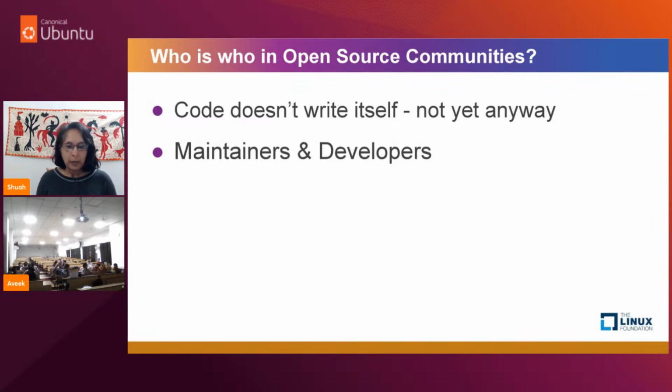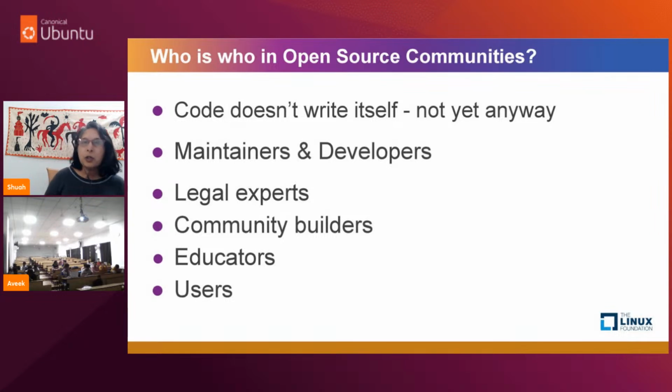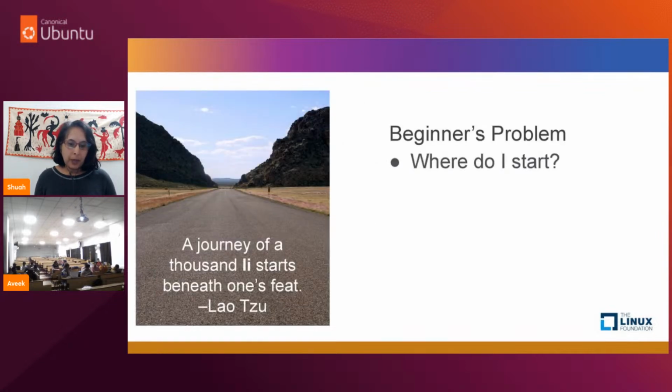There are legal experts and community builders who build out communities, making sure they stay healthy and sustainable. And educators, a lot of the mentors that come in. Benjamin, who talked about Zephyr, is playing the role of a mentor at this point, sharing the project details with you to get you started in the project. And all important are the users that use the projects themselves.